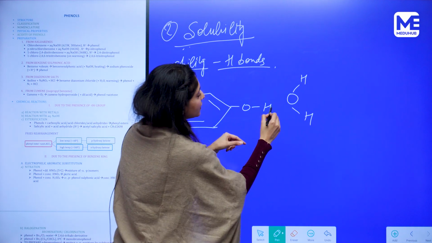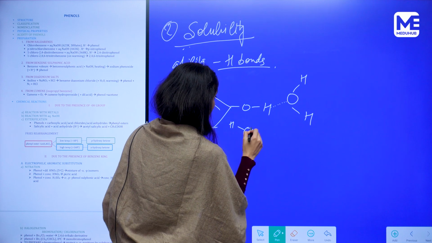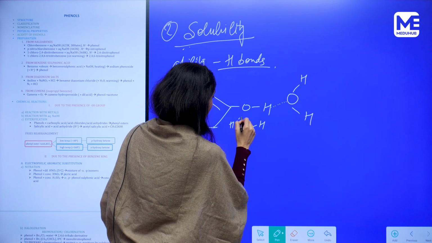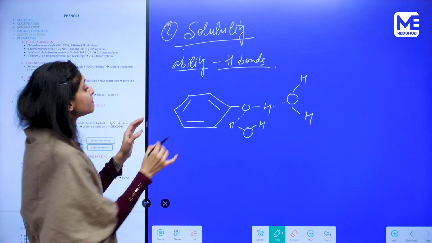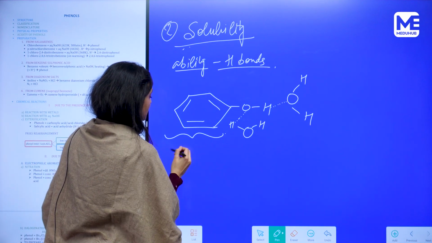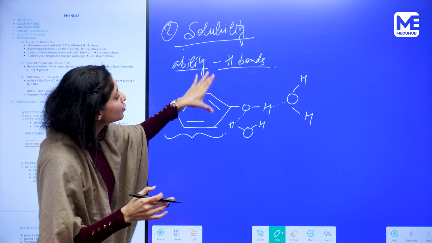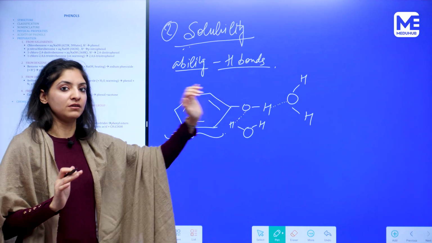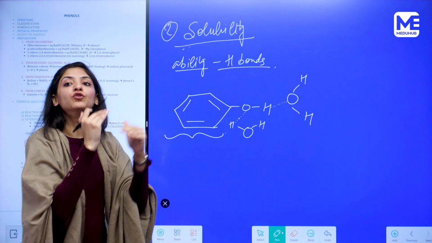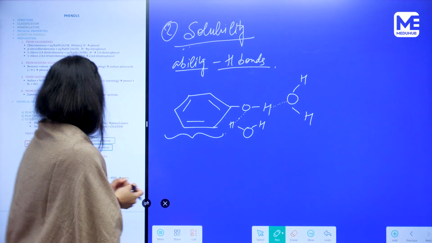This hydrogen here will form hydrogen bonds here. We have more water molecules. They will form hydrogen bonds here also, and so on. But this aryl group is water repellent. But because of the ability of the OH group to form hydrogen bonds, phenols will be partially soluble in water. And as the size of the aryl group increases, the solubility obviously decreases.